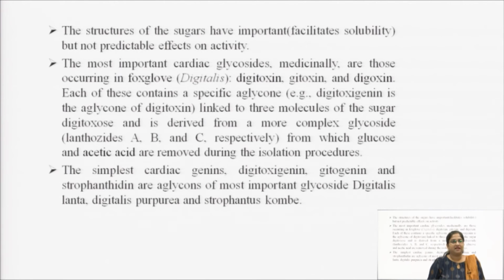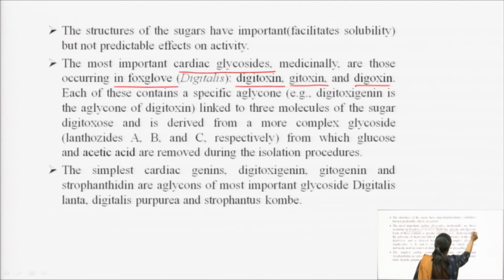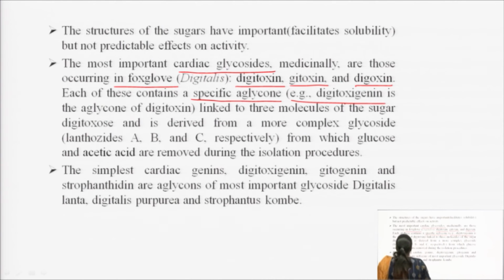Each of these contains a specific aglycon moiety. So the cardiac glycosides are those occurring in the foxglove plant, giving digitoxin, gitoxin and digoxin. Each of these contains a specific aglycon part. An example is digitoxigenin, the aglycon part from digitoxin.